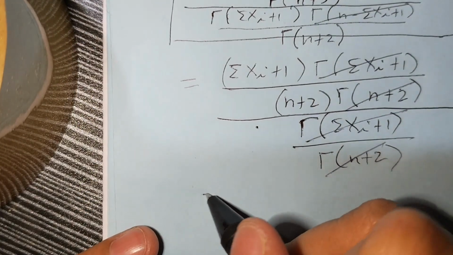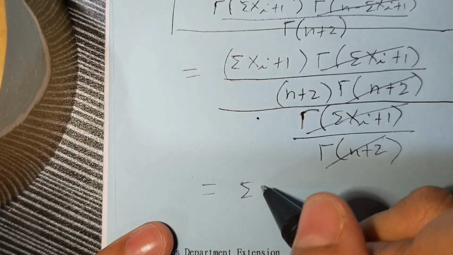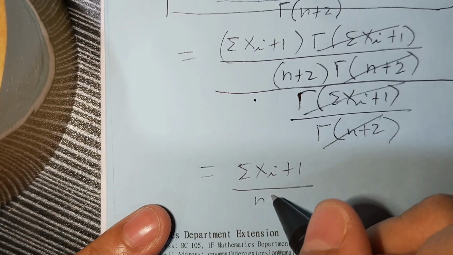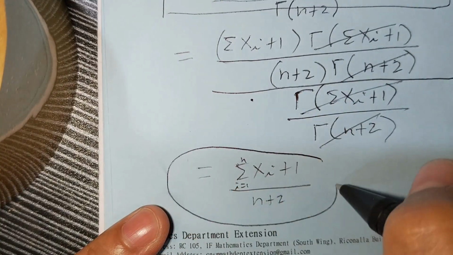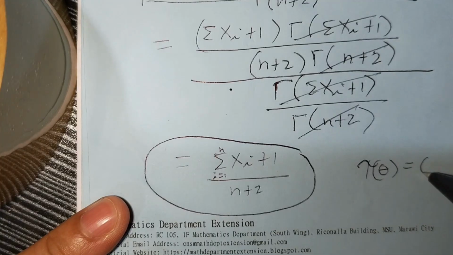So, what is left for our posterior Bayes estimator? We have the summation of x sub i plus 1 over n plus 2, i from 1 to n. This is now our posterior Bayes estimator for our tau theta, which is equal to theta.